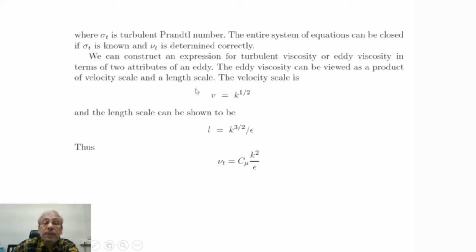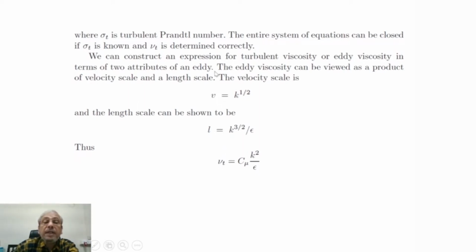In case of turbulent flows, the velocity scale can be expressed as k power half, turbulent kinetic energy to the power half, and the length scale can be shown to be k power 3 by 2 divided by epsilon. Epsilon is dissipation rate of turbulent kinetic energy. So from these two we can get nu t.